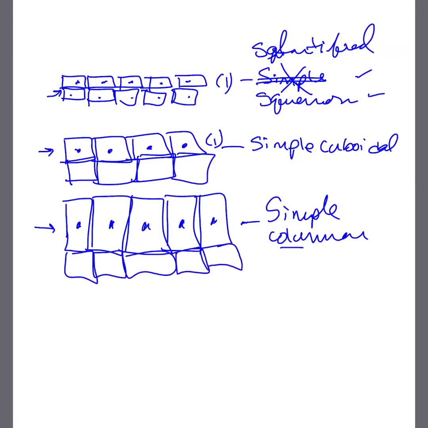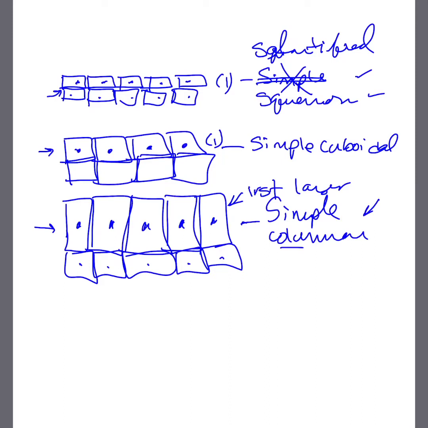Now keep in mind that in order to name these layers and these tissues, you're gonna have to take a look at the first layer. The first layer is the one that tells you what type of tissue you have in here. That happens especially for this simple columnar.